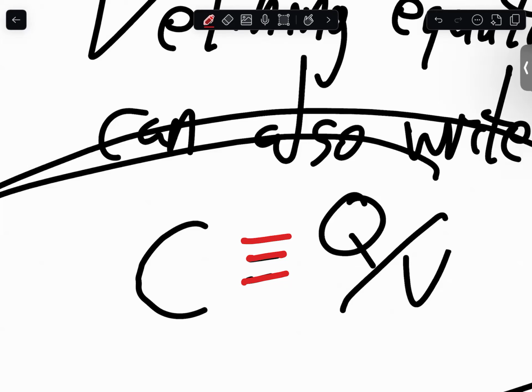Now, every practical capacitor has an arc voltage. You exceed that voltage and you get a spark. The charge discharges and you can't do your experiment anymore, because the charge goes to zero. So voltage is sort of what you don't want.